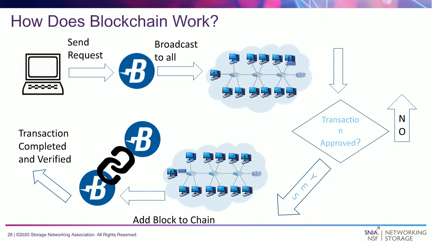On the receiving side, it gets added to the blockchain. So one more time: we have a transaction request, and we verify that the transaction occurred. Each transaction has a certain signature. Once the transaction is verified, it gets put into the network of computer nodes and stored as a block.